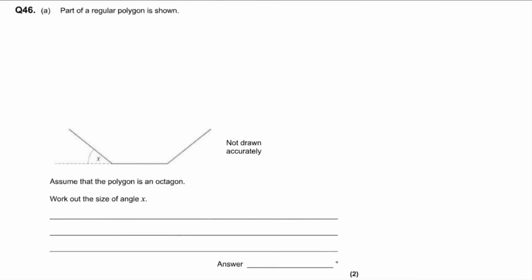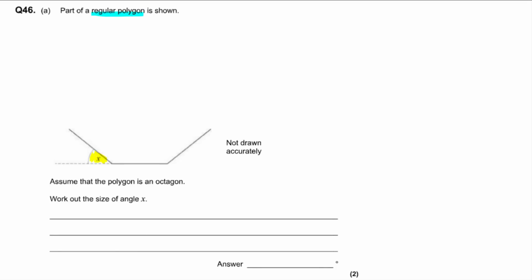Question 46a, part of a regular polygon is shown. Assume that the polygon is an octagon. Work out the size of angle X. Now, angle X here is what we call an exterior angle. Now, we're told this is a regular polygon, which means all the angles are the same.